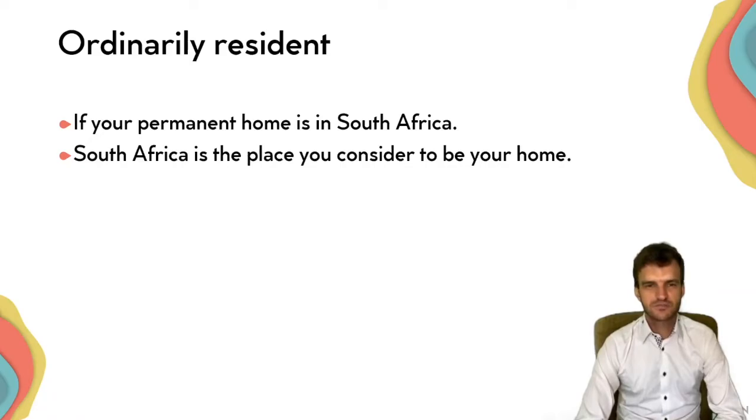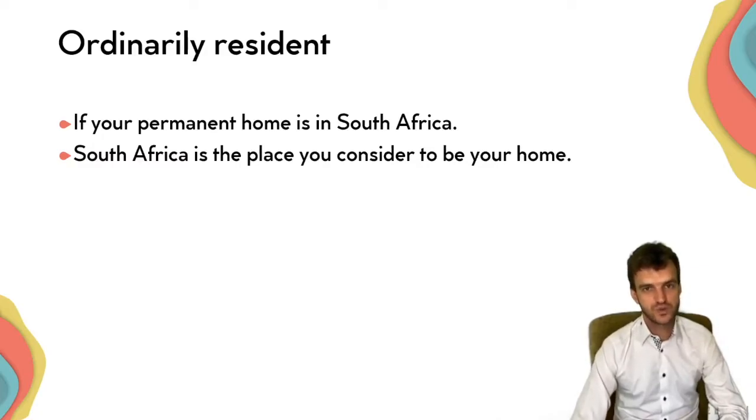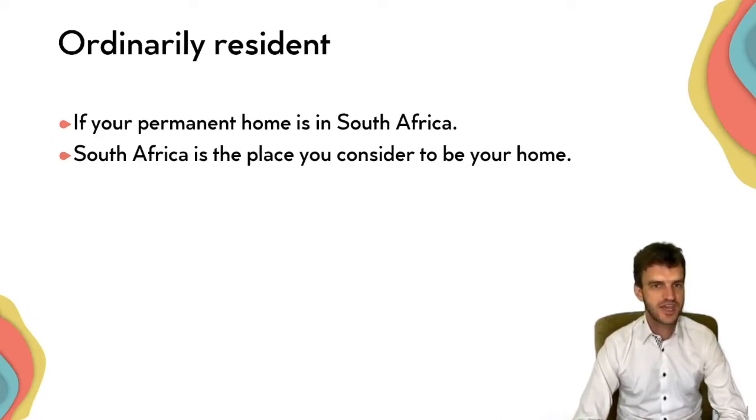What it basically means is that you can only be ordinarily resident in one place at a time. It is the place which you consider to be your home and the place which you will generally return to from your traveling. For most people, it's quite easy to say where they are ordinarily resident, but there are some instances where it might be difficult. That's why there is the second possibility, the physical presence test, which we will have a look at now.